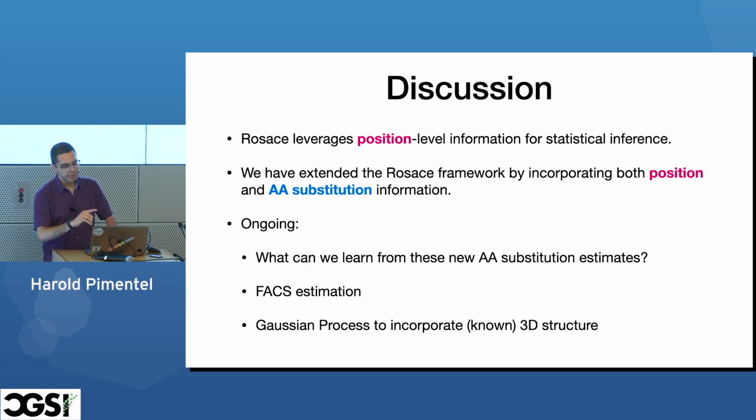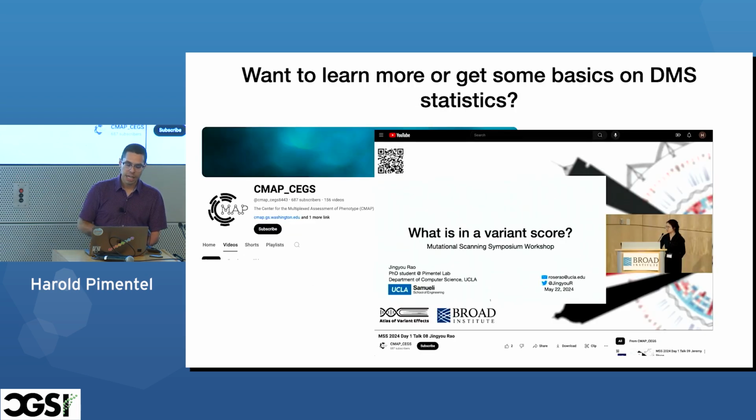And so I have a lot of opinions about deep mutational scanning, a lot of inference problems, and so happy to chat further. If this space interests you, look at this YouTube channel, CMAP_CEGS.